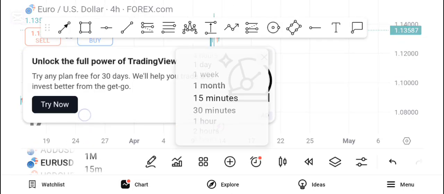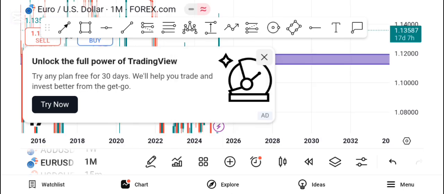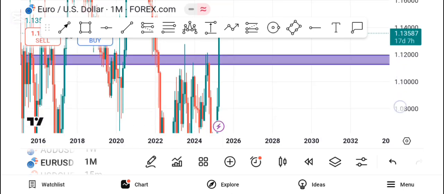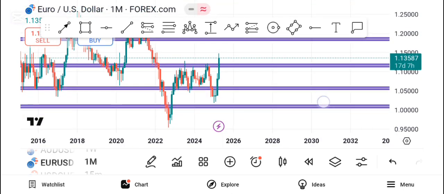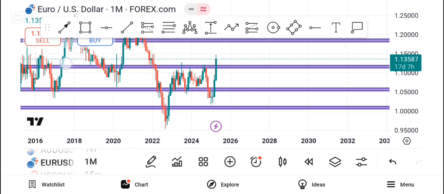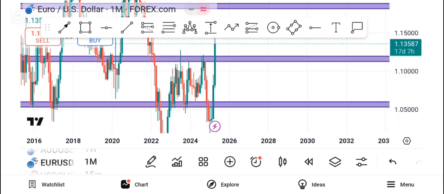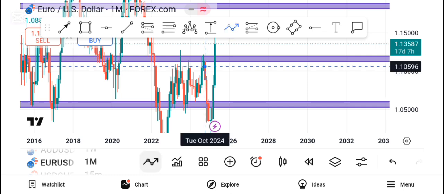Let's go to the monthly time frame. In the monthly, what do we see? As you can see, price was in a range before it broke out of that range.